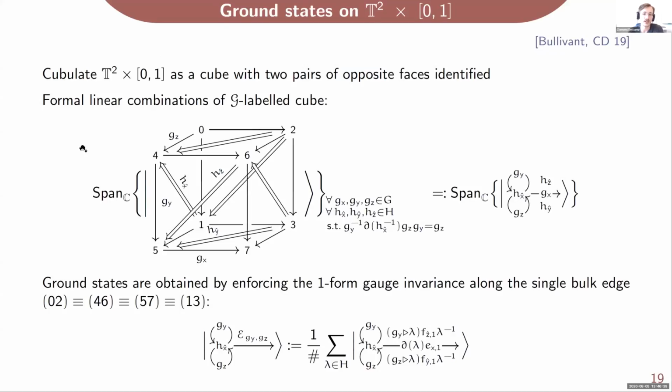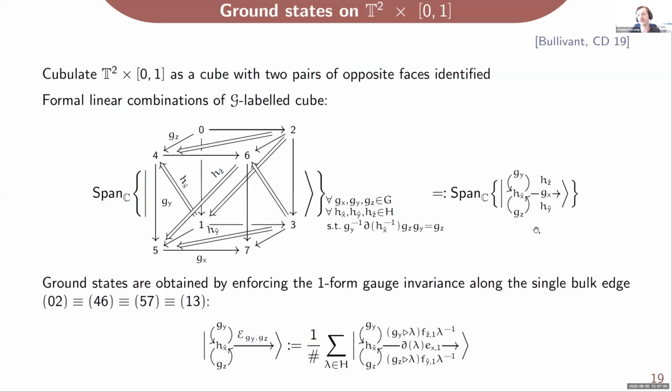Now I need to pick a flat 2-connection on this, which in that case depends on six variables. The G variables are analogous to the ones for gauge models, and we have three others that form a part of the 2-connection. These are constrained by the fake flatness constraint on the boundary torus, because it's a plaquette at which the fake flatness must be enforced.